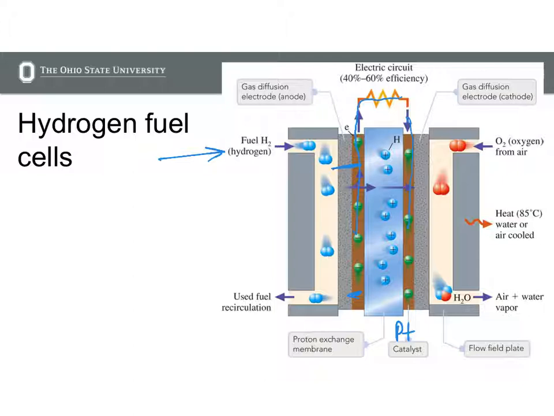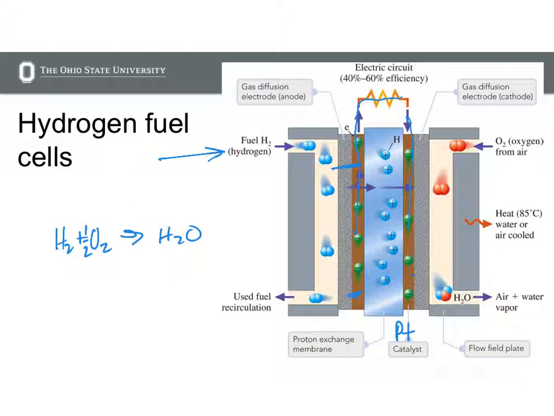And then those electrons will meet up with some oxygen to generate water. So, got everything all mixed up here. The only thing that's discharged from the exhaust of a hydrogen fuel cell car is water, which is nice.